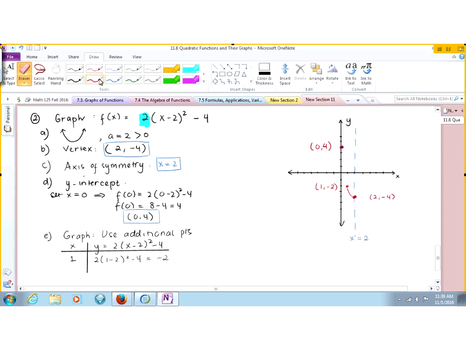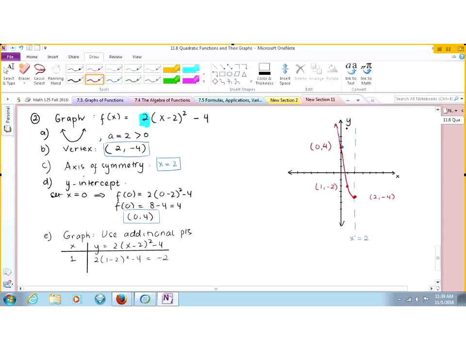So it is going to look like this. Anyway, this one should be smooth. I don't know why it looks like this. Okay, hold on. All right, almost done.